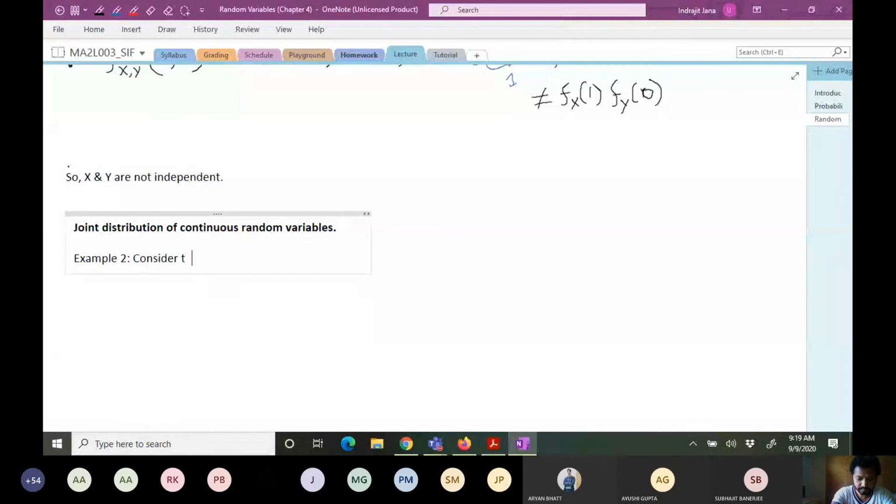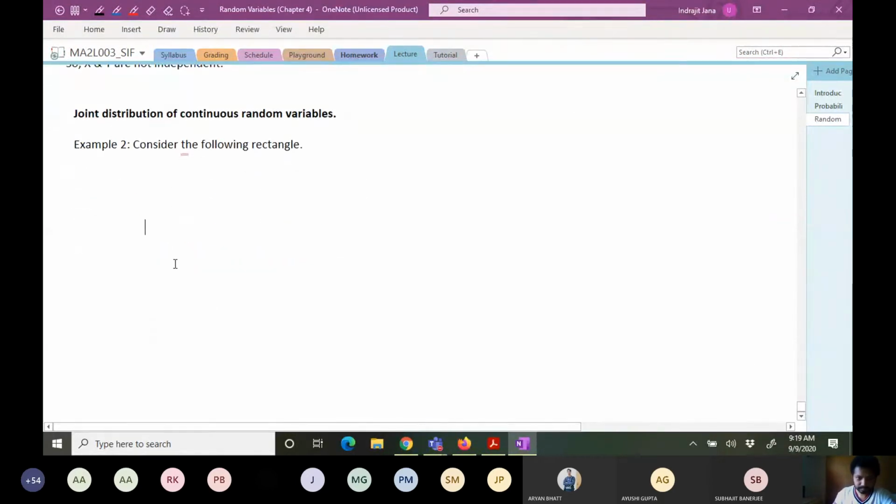Consider the following rectangle. Draw this rectangle. Okay, so this is my x-axis, and this is my y-axis. And suppose there is a rectangle which is like this.